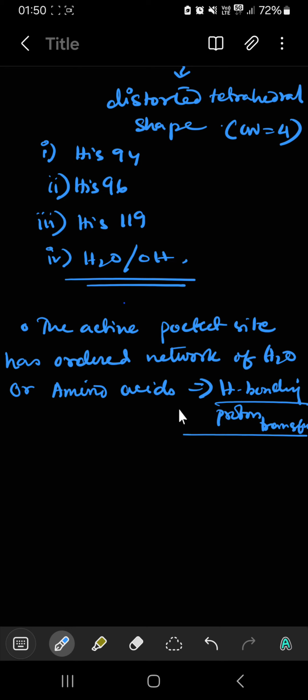Hydrogen bonding is to stabilize the structure, and proton transfer is the RDS, the rate determining step.